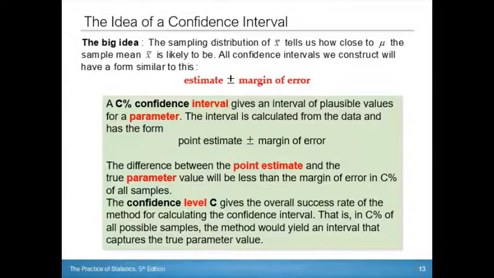All right, the confidence level C gives the overall success rate of the method for calculating the confidence interval. That is, in say 95% or C% of all possible samples, the method would yield an interval, so that would mean the x bar plus or minus the margin of error, that captures the true parameter mu.